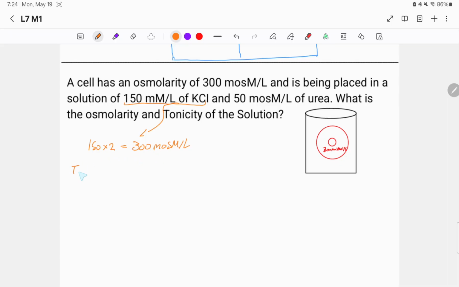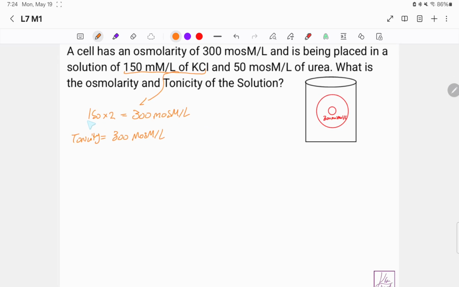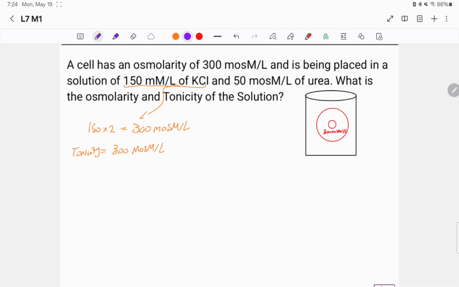So now we know the tonicity of the actual solution. Again, if you're confused, we just took 150 of potassium and 150 of chloride and we added them together. 150 plus 150 gives us 300, or you can just multiply by 2 from the get-go. So that is the tonicity. But what is the osmolarity?